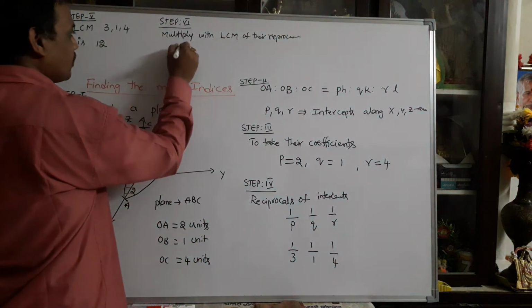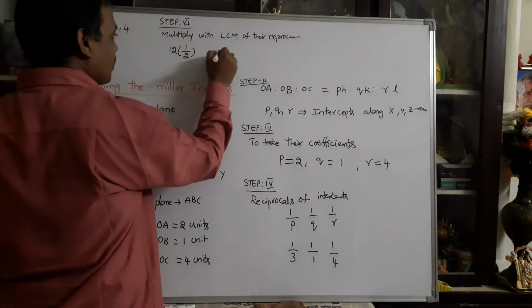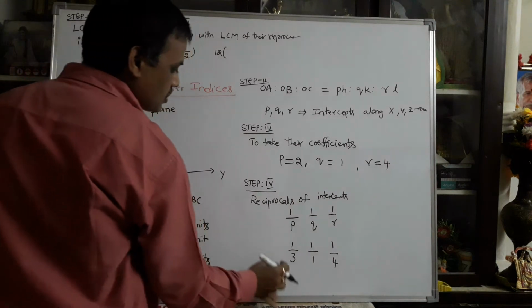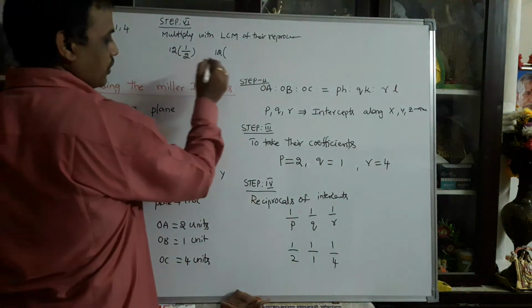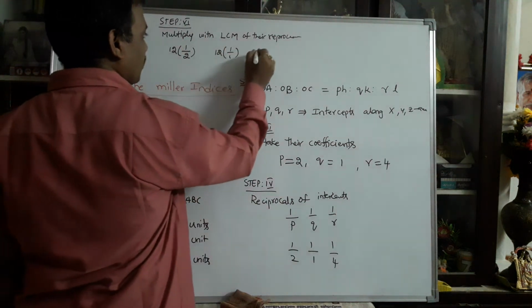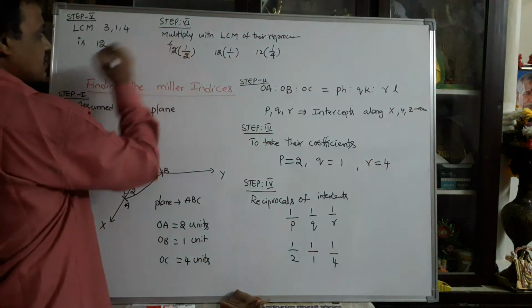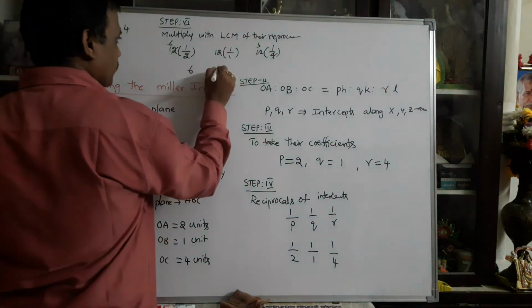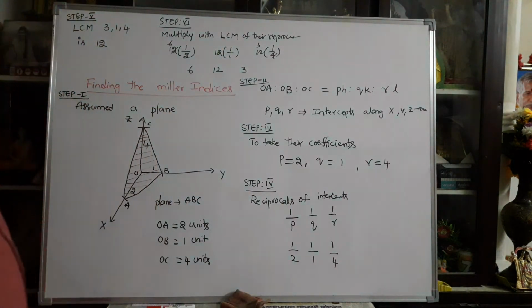So 12 into the first reciprocal, 1 by 2. 12 into the second one, 1 by 1. 12 into 1 by 4. 2 in 12 is 6 times, and 4 in 12 is 3 times. So 6, 12, 3. Are these the smallest numbers?